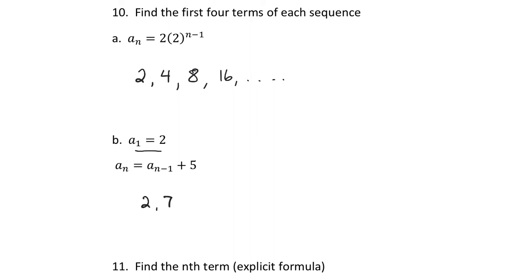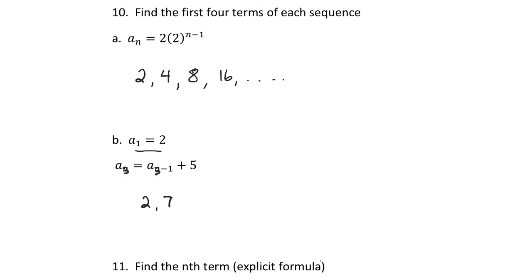Now, what we're searching for is the third term. The next term here is the third term, right here. This is when n equals 3, or the a sub 3 term. So if I want to find the a sub 3 term there, I can imagine there's a 3 right there. 3 minus 1 is 2.